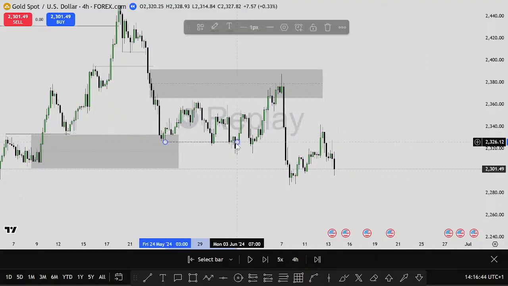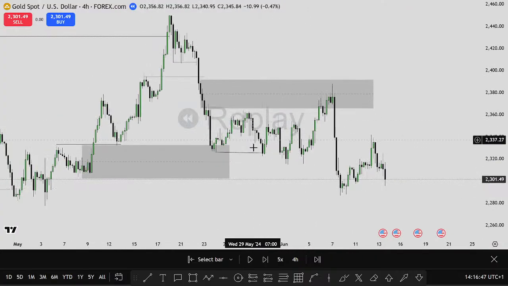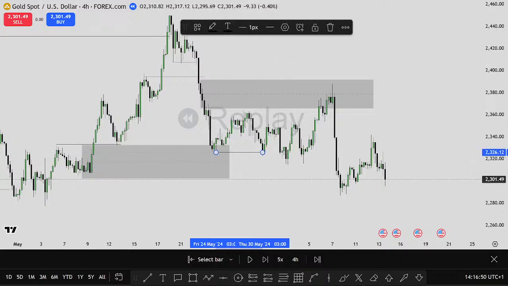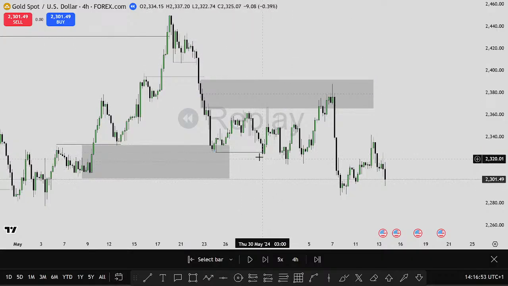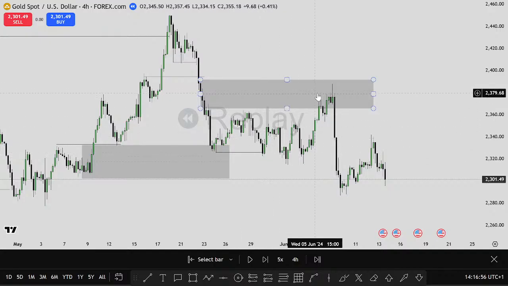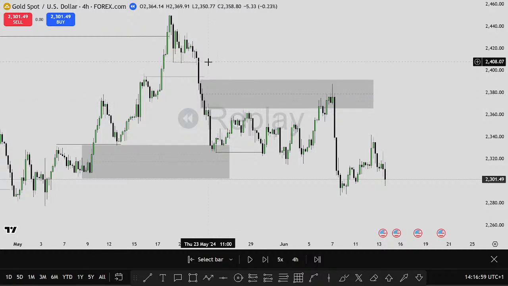Like I said, since it broke this structure here, this thing should come down now. Since it broke the structure here, the reason why I marked this high or this level here is basically simple. I won't be able to expect price to come up to this high again, like here.